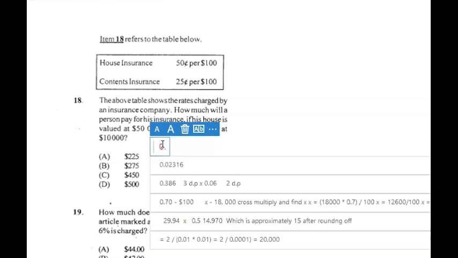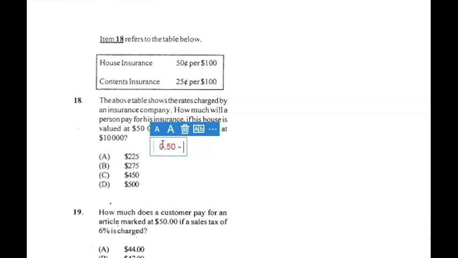So 50 cents is equal to $100, and X, which is how much he will pay, is equal to $50,000. So we're solving for X by cross multiplying. So X is equal to 50 cents multiplied by 50,000, all divided by 100.